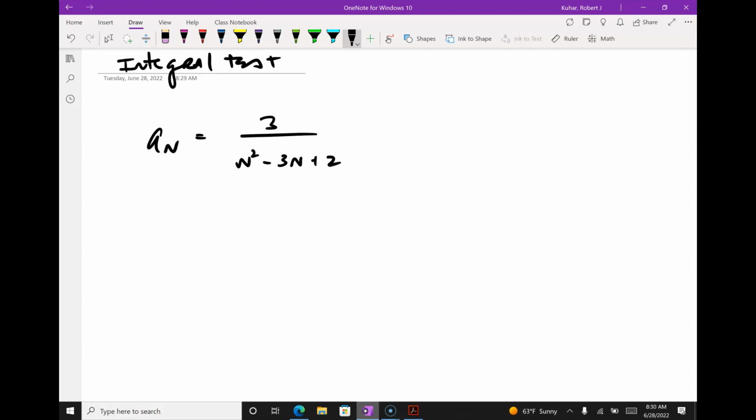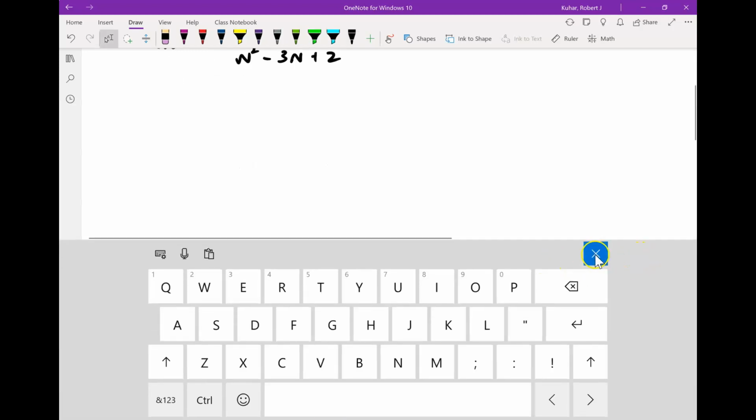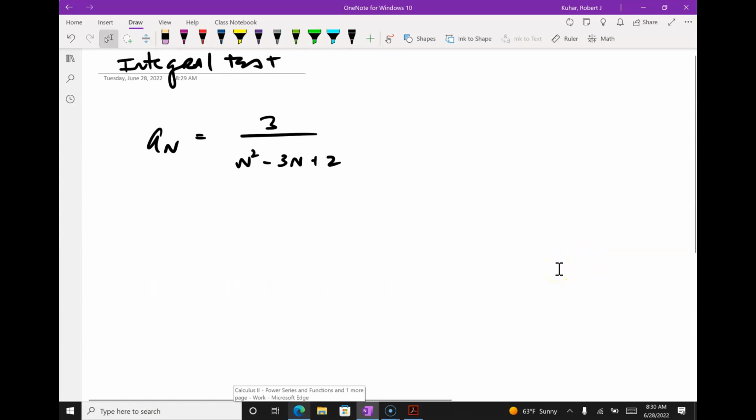Let's do a couple of things with this. First of all, can we use the integral test? And then does it converge or diverge? If I use that mother function idea, what's the mother function downstairs? Yeah, n squared. So I'm really comparing this to 3 over n squared, which we know converges. So we're thinking it converges.